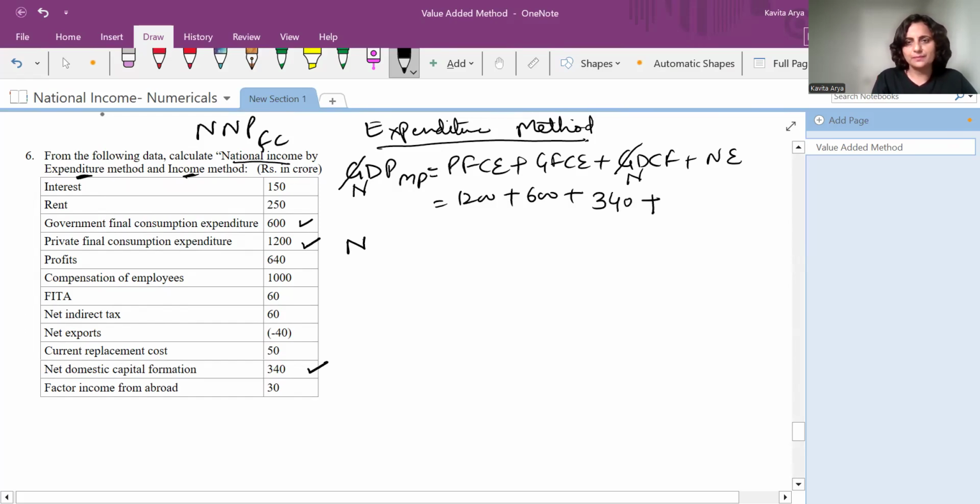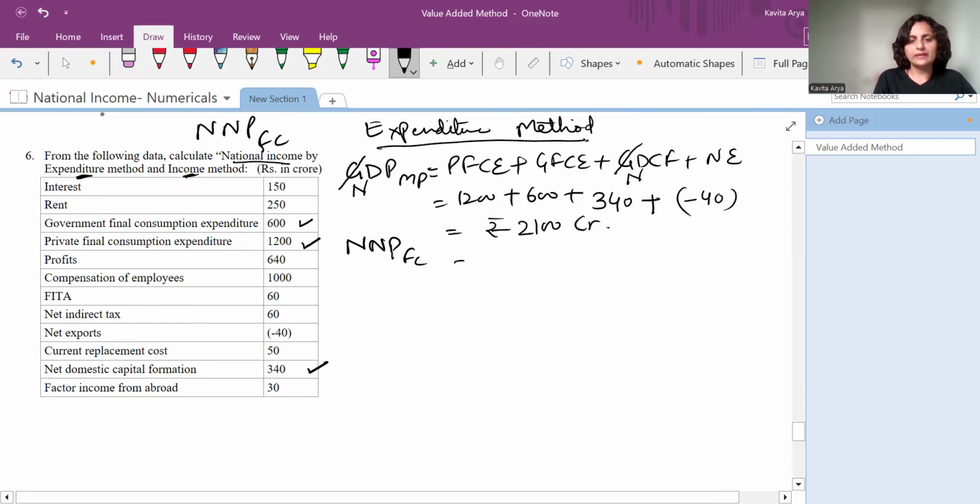Net exports is minus 40. If it is minus, I have to take it as minus only. So minus 40 means we are left with 300 here. So 6 plus 3, 9. 900 to be added, it means rupees 2100 crores is NDP at MP, but I need NNP at FC.